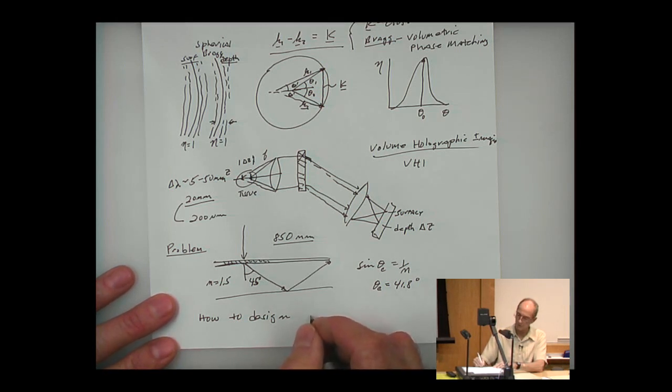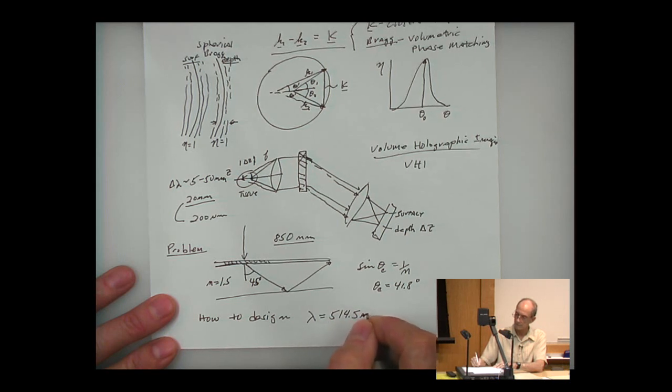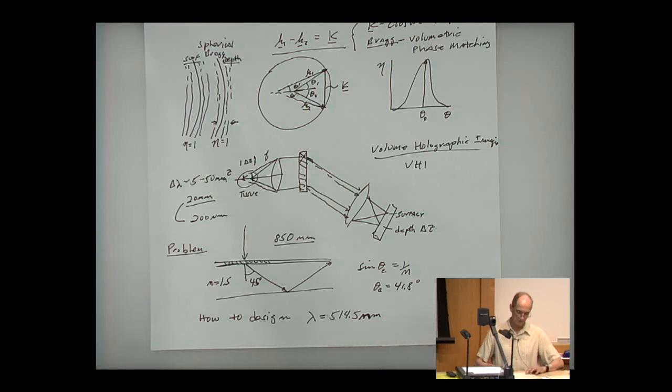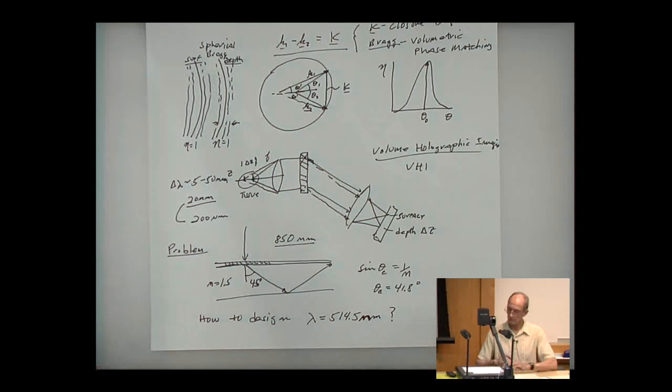In this case, we're going to make this with an argon green line, and so that's 514.5 nanometers. Okay, so that's the problem. How to design this with the normal sensitivity range of a material?